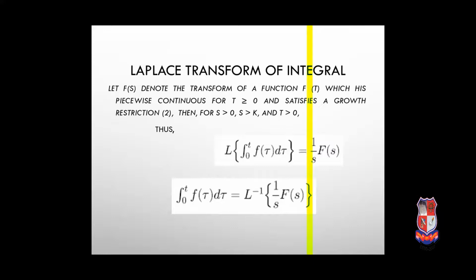Then for s greater than k, and t greater than 0, thus, Laplace of the integration from 0 to t of f of tau d tau is equal to 1 upon s times F of s. It is the Laplace transform of integral. Similarly, inverse Laplace.